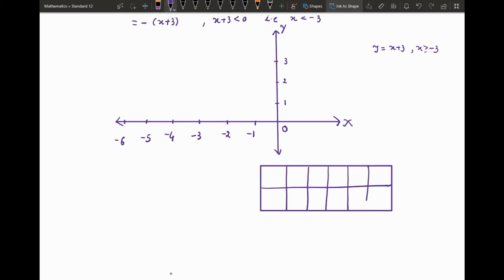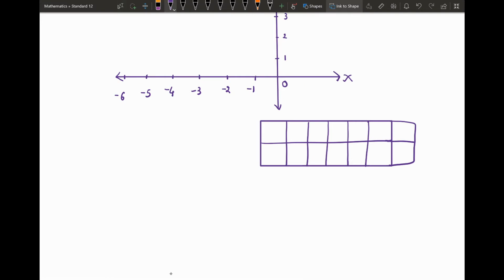So let us prepare a table to draw the graph: x and corresponding y. y equals x plus 3 for x greater than or equal to minus 3, and it is minus x plus 3 if x is less than minus 3. If x equals minus 3, then y will be 0.